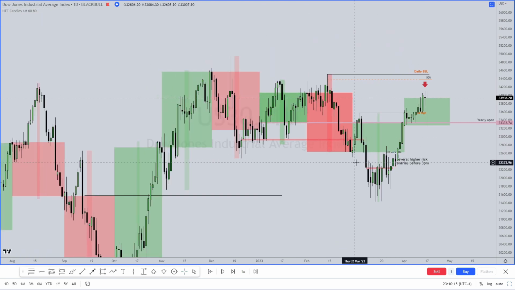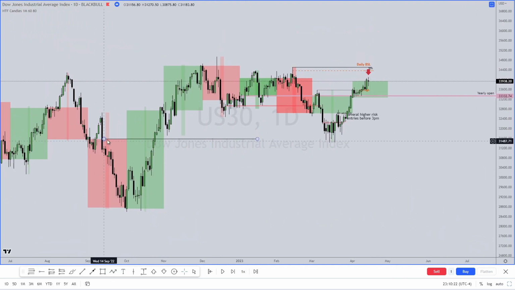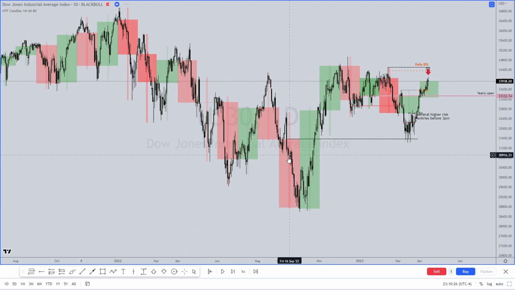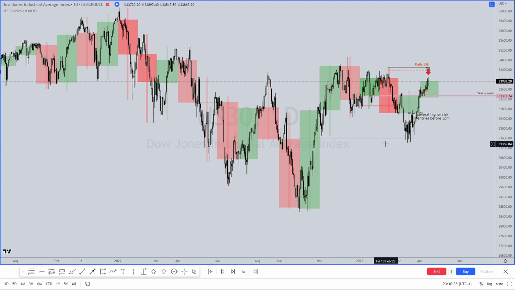But I like to look at the daily candle price action with a monthly overlay. So here is that order block after that market structure shift. Choppy candles coming down. Price wicks into the order block here.